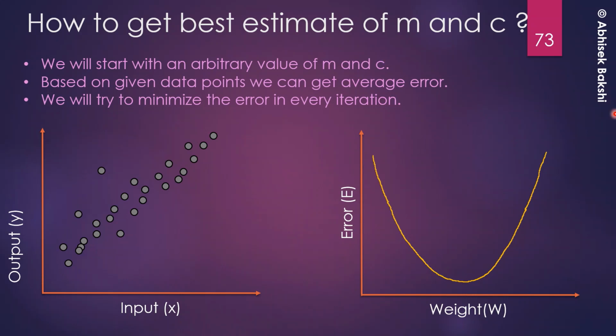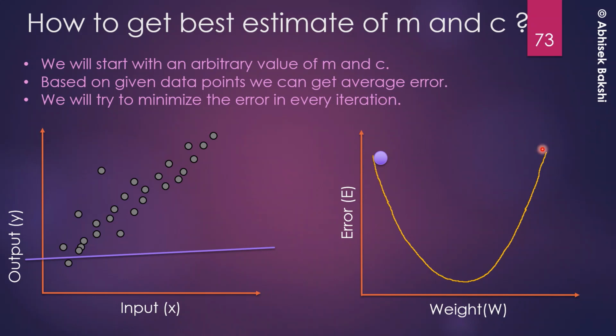Okay, so if we start with any arbitrary value of m and c, maybe you will find your initial straight line is something like this, but definitely this is not representing the pattern of the data in a proper way, as I can see here.